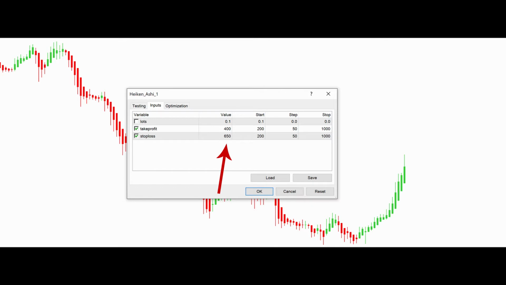These are the optimized values for the 5-year period. Now let's see the results for a 1-year period.